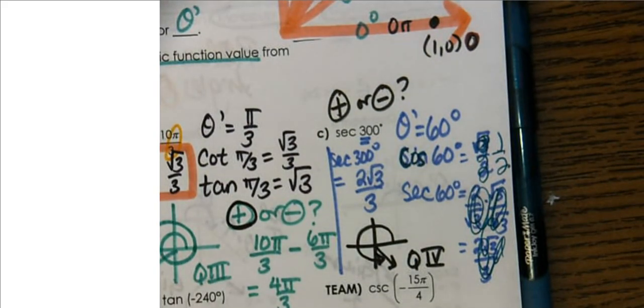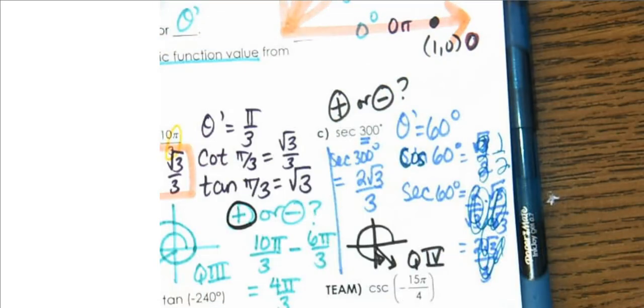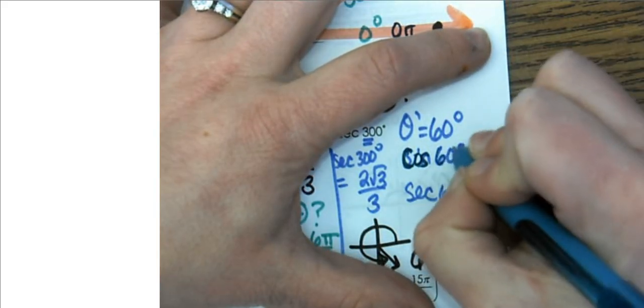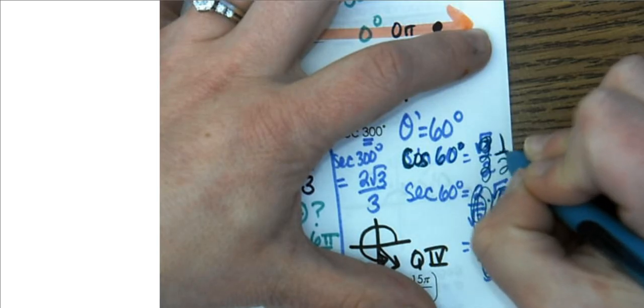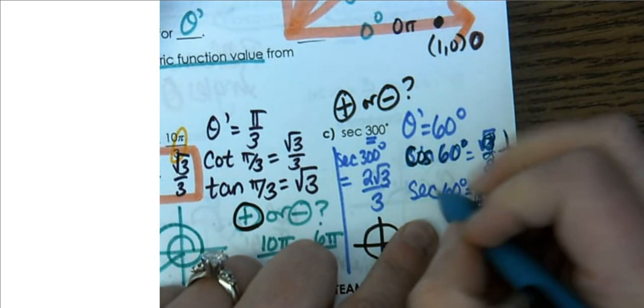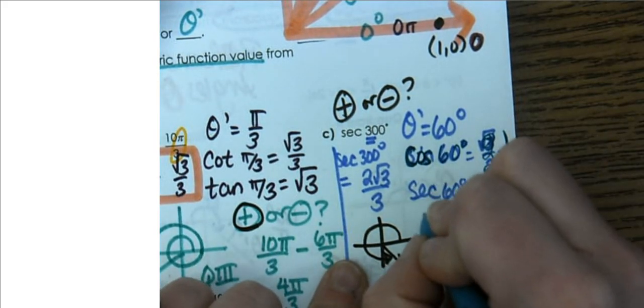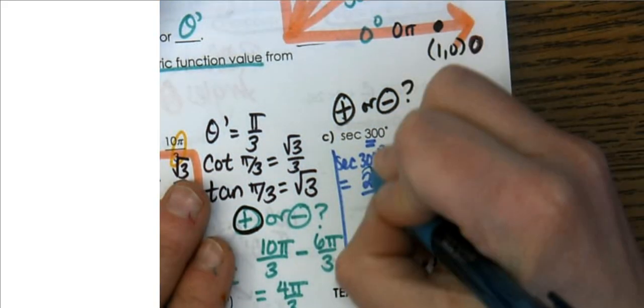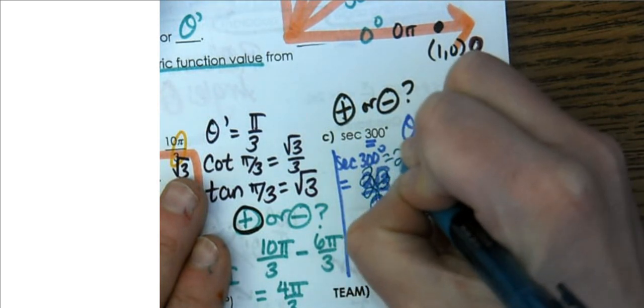So sorry, y'all. The cosine of 60 degrees is equal to 1 over 2. So therefore the secant would be the reciprocal, and that would be 2 over 1, which is just a 2. So therefore our answer is just going to be either a positive 2 or a negative 2.